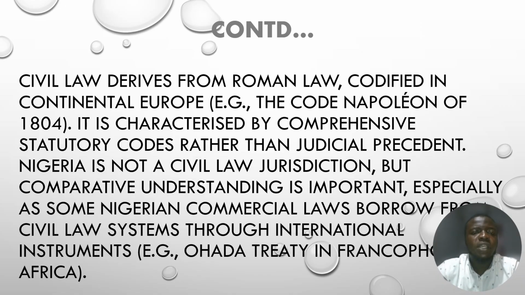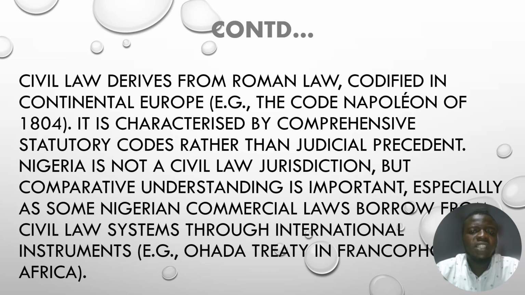And civil law is based on codified rules. What do we mean by codified? Codified means they have written it down, they have written a book, or they have written something that they use as their laws. So these codified laws are in continental Europe.